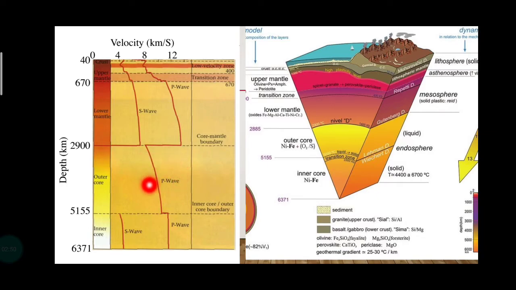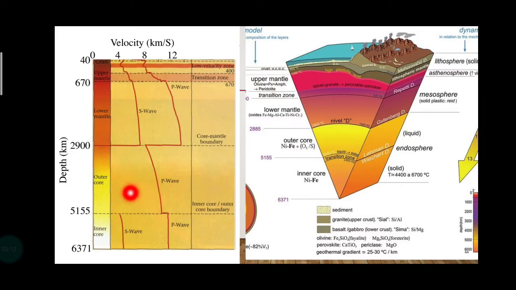which shows that the outer core must be a liquid. And S wave velocity steadily increases from the crust to the upper mantle, lower mantle, and then abruptly decreases. We have not seen S wave velocity in the outer core.